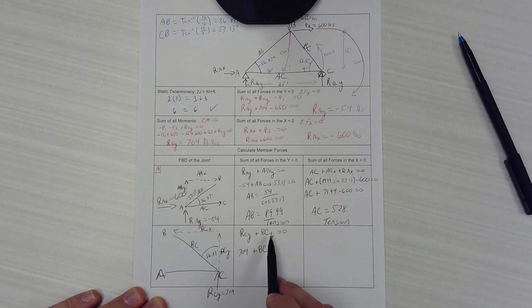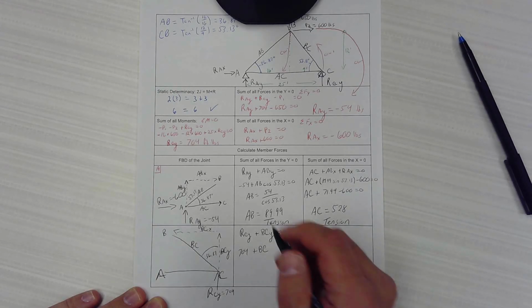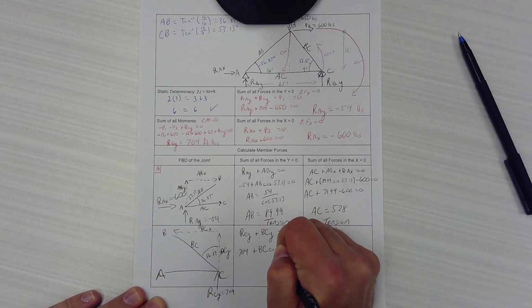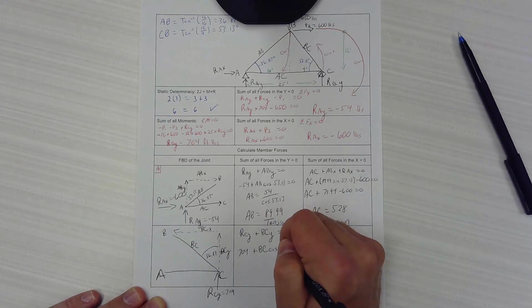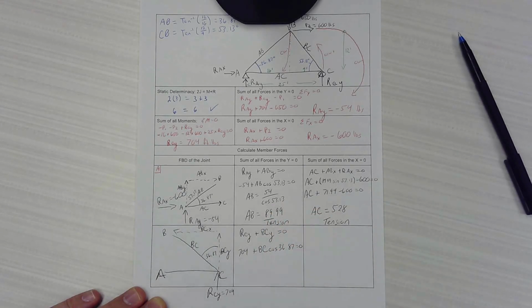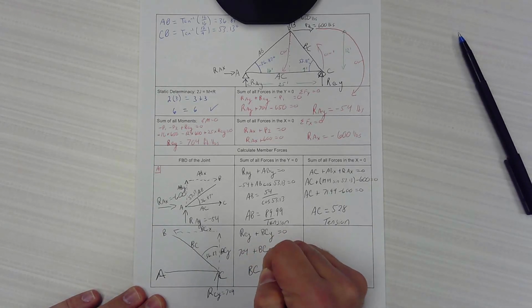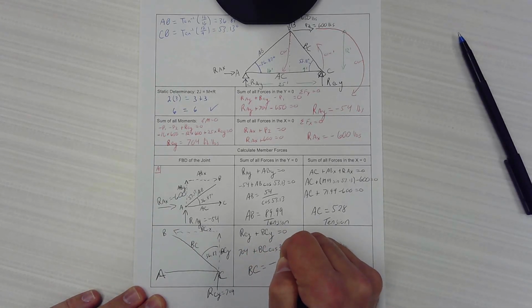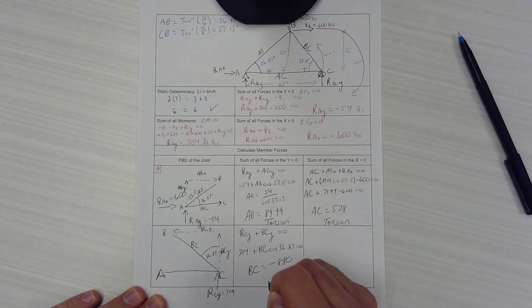So y, I'm going to replace y with cosine because it is adjacent to my angle that I'm using, and then the angle itself, 36.87 equals 0. When we run this through, BC equals negative 880. That is a negative response, so compression, and just label it comp.